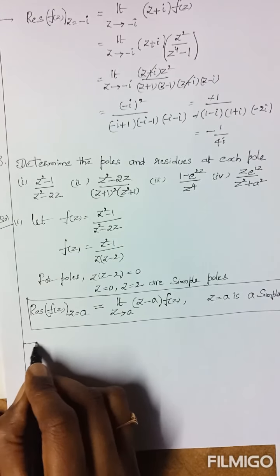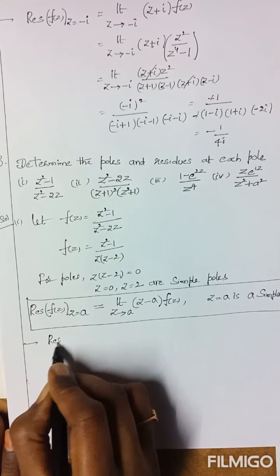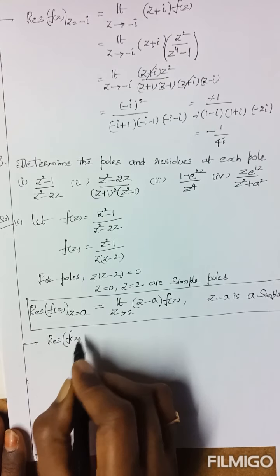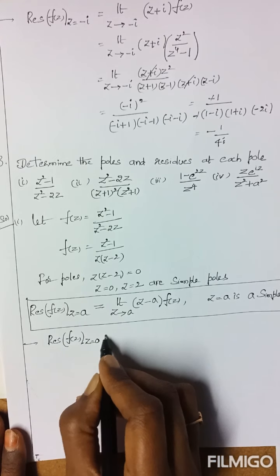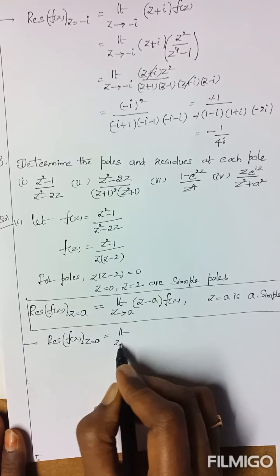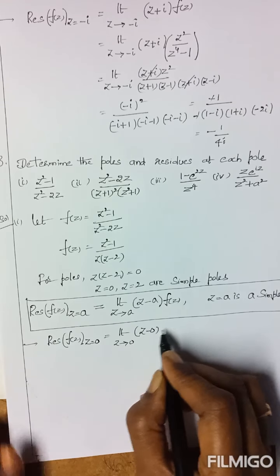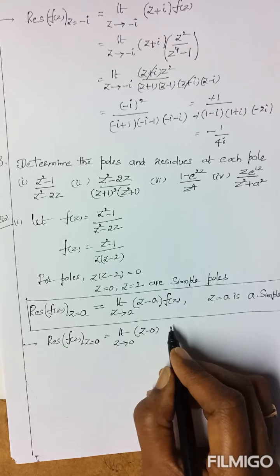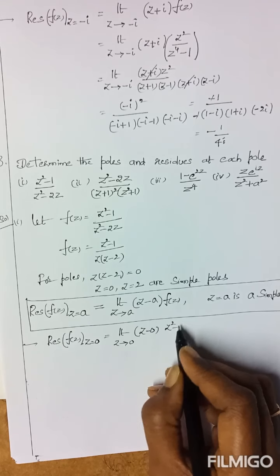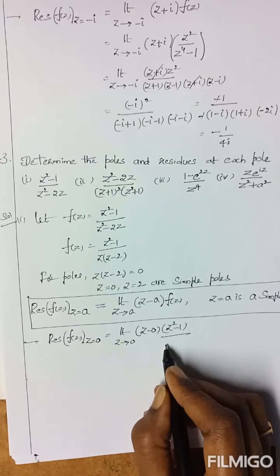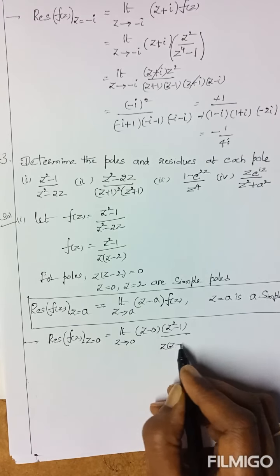So the first one, residue of f of z at z equal to 0: limit as z tends to 0 of (z minus 0) f of z. f of z is the function (z square minus 1) by z of (z minus 2).